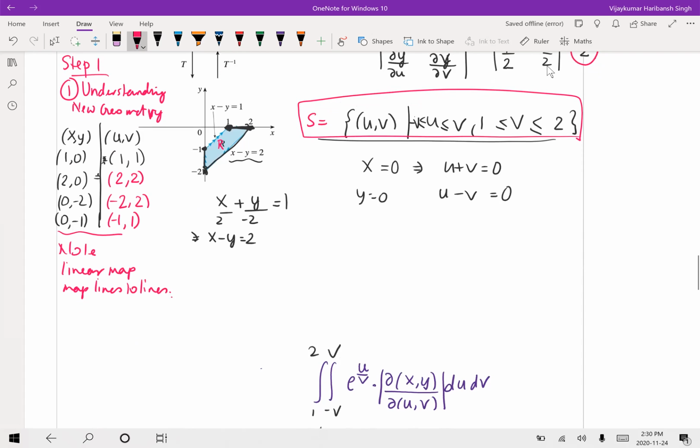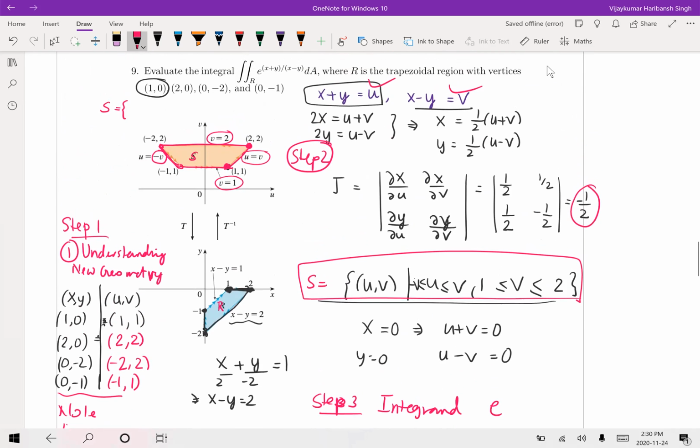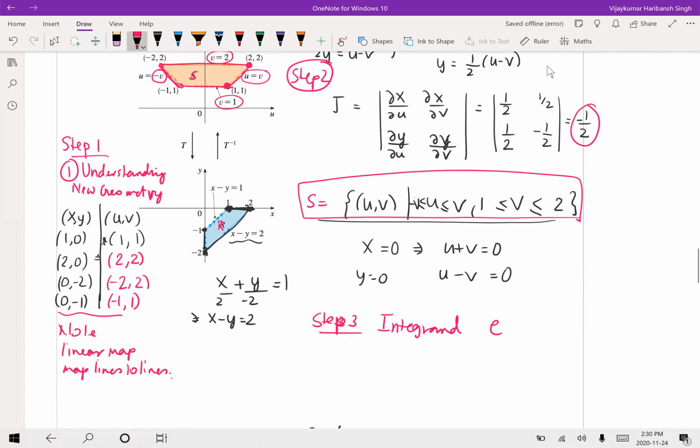Step three, write down the integrand. The integrand is now e to the power x plus y over x minus y, which is u over v.